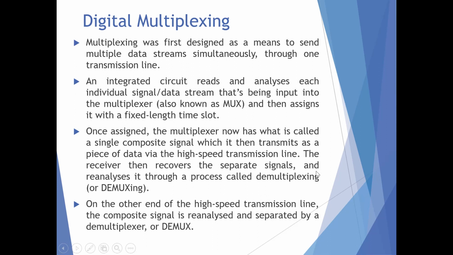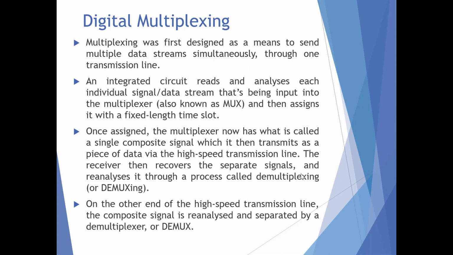Multiplexing was first designed as a means to send multiple data streams simultaneously through one transmission line. An integrated circuit reads and analyzes each individual signal or data stream that is being input into the multiplexer and assigns it a fixed length time slot.